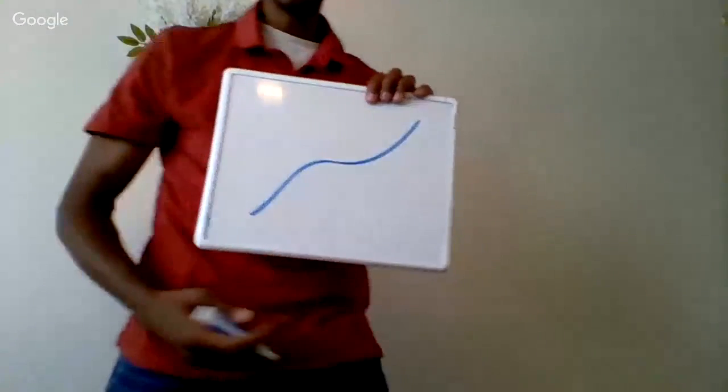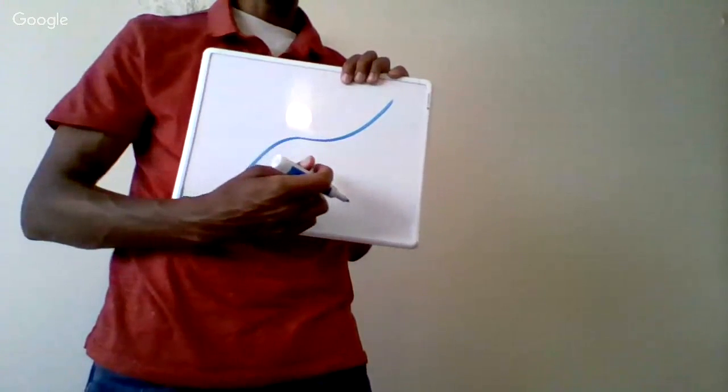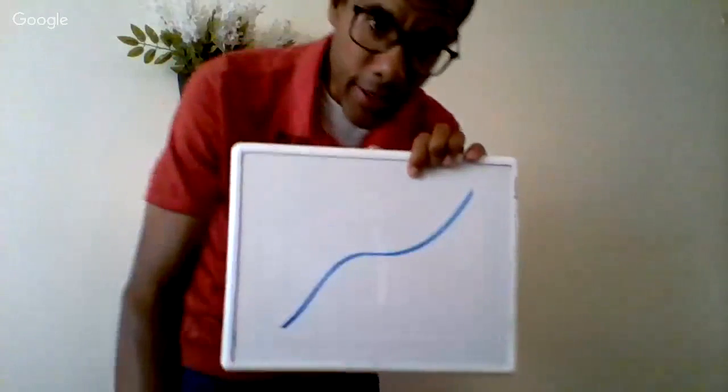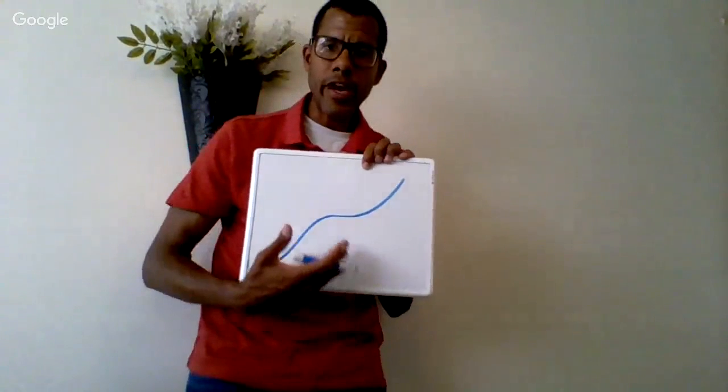Now, what are some of the applications of slope? We're going to go quickly here. Say you have the average speed of a car. You're going fast, you're going slow, you're going fast, and you notice that the steeper the line is, the greater the rate of change is.